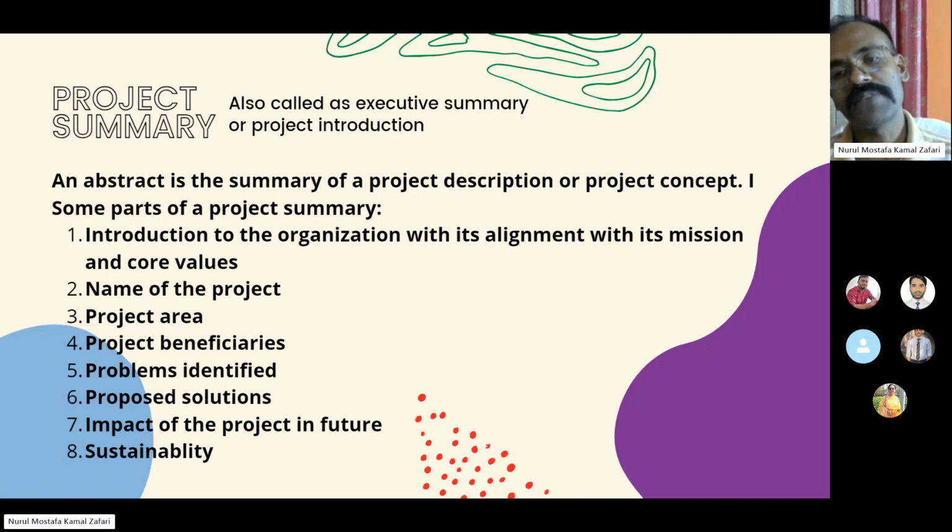But if there is independence to start as per the organization's format, the organization can put an executive summary or project summary, because executive summaries or project summaries are much more impactful and informative, and also eye-catching for the donors.